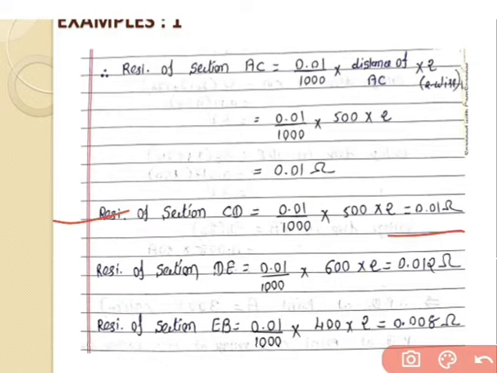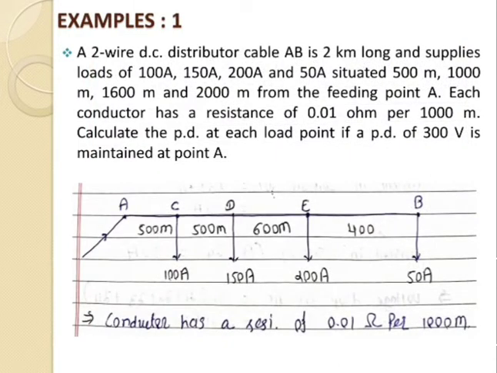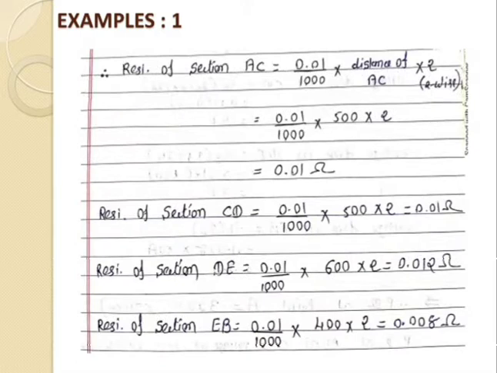Go for the next one, the resistance of section DE. Applying the condition, for 1000 meter the resistance is 0.01. Then what is the resistance for 600 meter? So 600 multiplied by 0.01 divided by 1000 into 2, because there are 2 DC distributors.